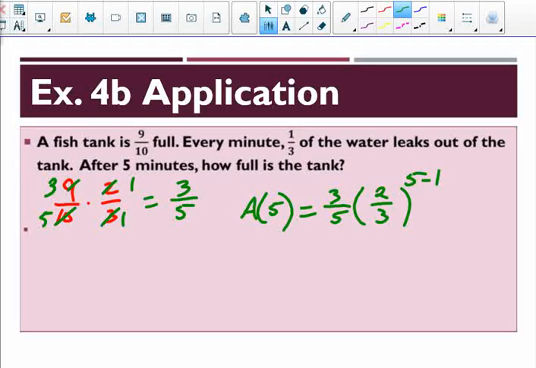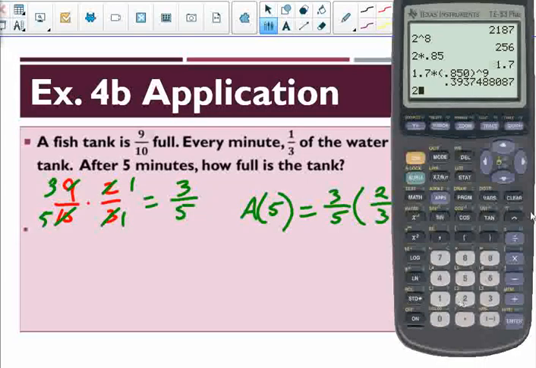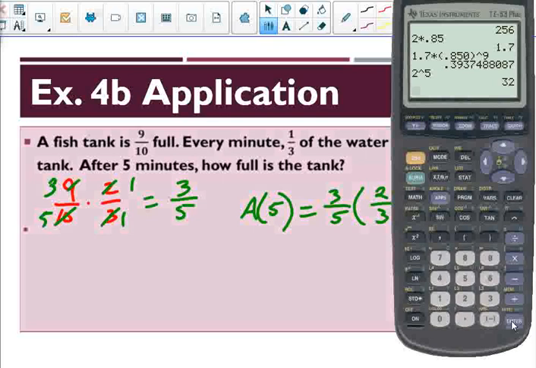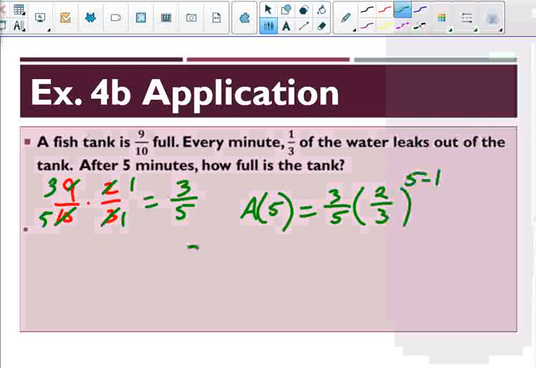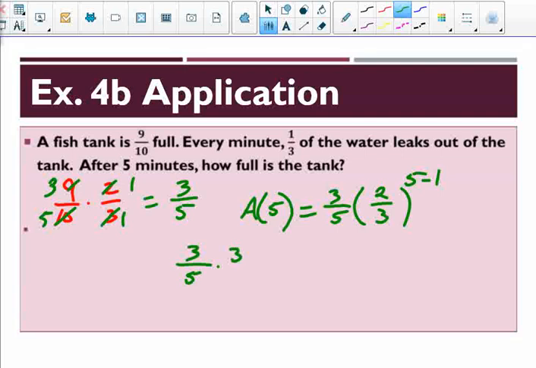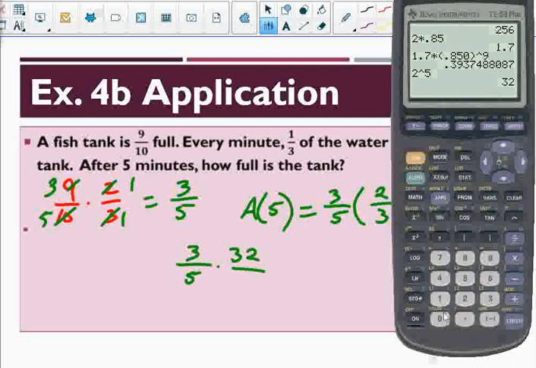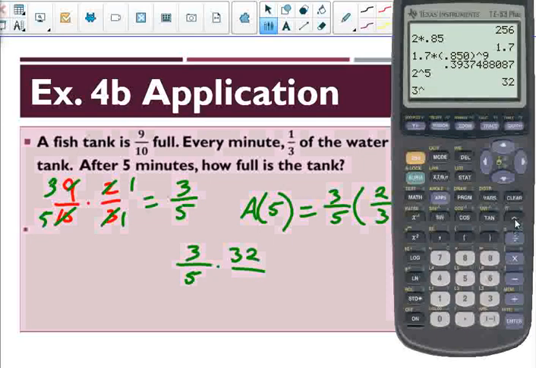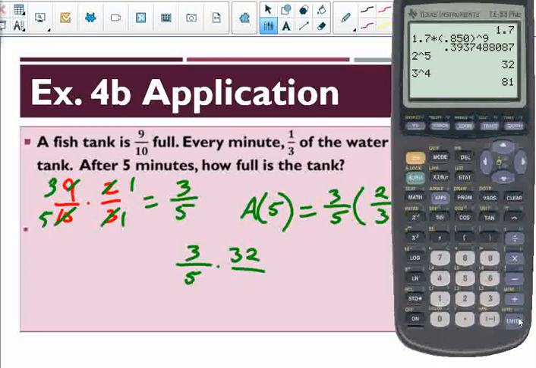So when I go about solving this, we can get our calculator back out. 2 to the 5th power would be 32. So right now I have 3/5 times 32 over 3 to the 4th power, which would be 81.